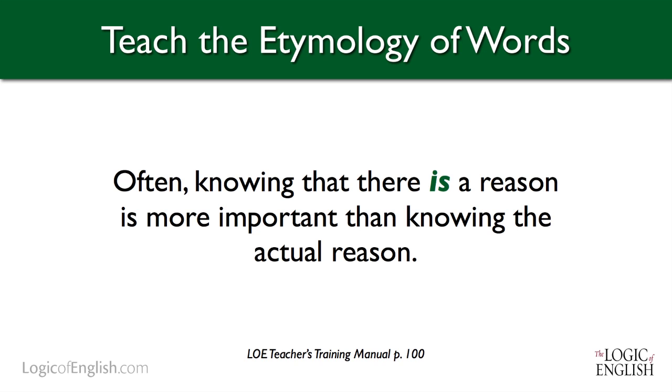And I think, too, one of the things that's important when we think about etymology or when we think about these multiple spellings is to understand that for students, often knowing that there is a reason is more important than knowing the actual reason. I think one of the biggest mistakes that we've made with how we teach language is that when we have a question about the language, rather than looking up an answer or saying, I don't know, we tell students that's an exception.